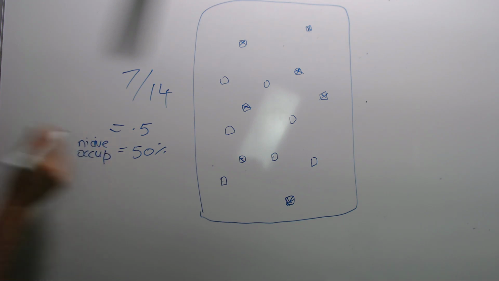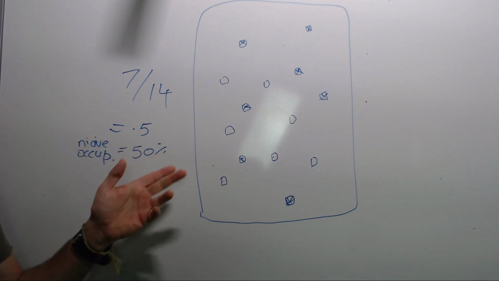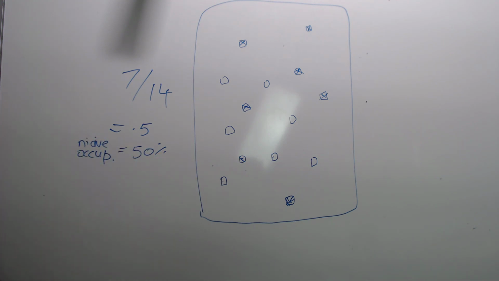Go with me here. What this assumes is that we actually find the rats at every site that they're at. And what we know, anyone who's into fishing or bird watching or any kind of nature study knows that just because you don't find something at a site at a particular time doesn't mean that they're not there.